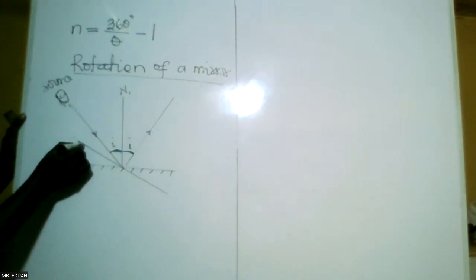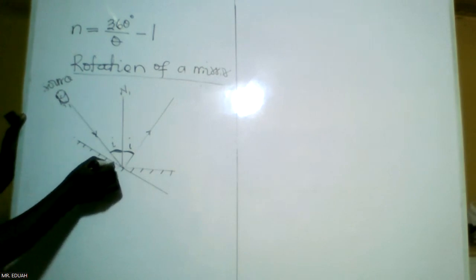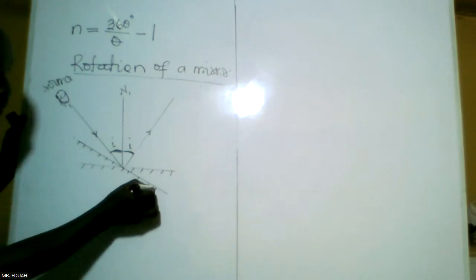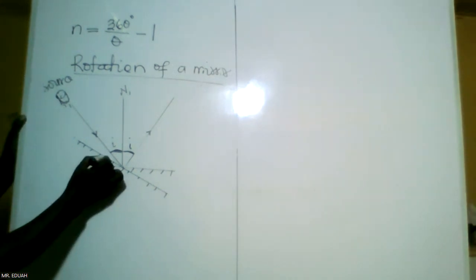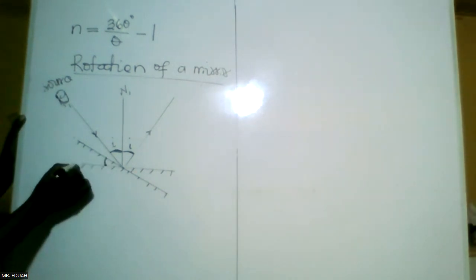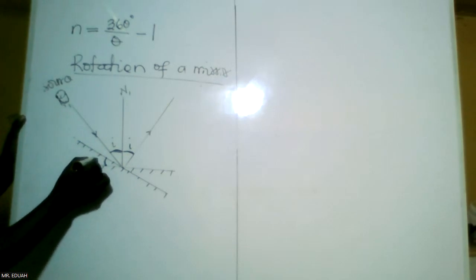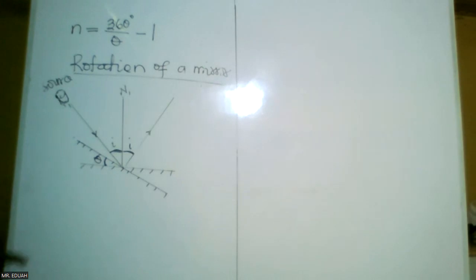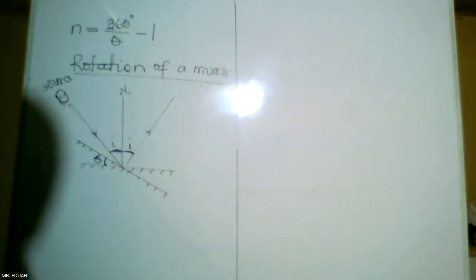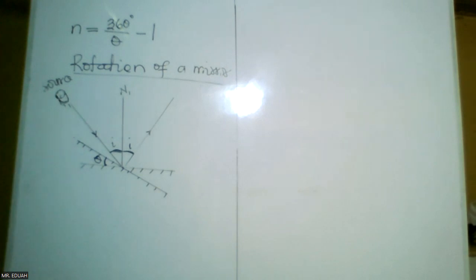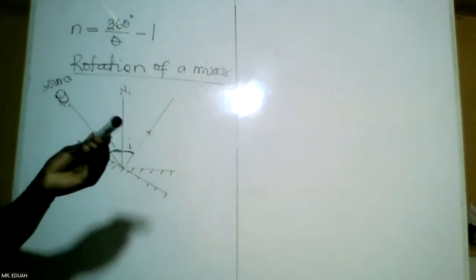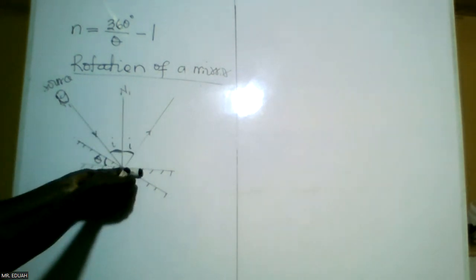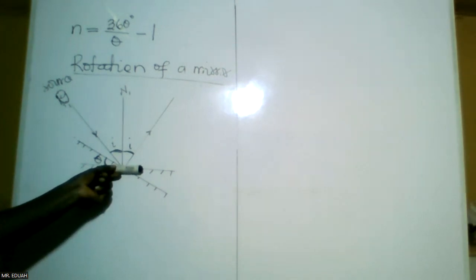So when you rotate the mirror by an angle theta, the mirror's old position and the mirror's new position, the angle between is theta. So when we rotate the mirror through an angle theta, what happens? Now, in rotation of the mirror, if this is the old mirror, the marker indicates the old mirror position.